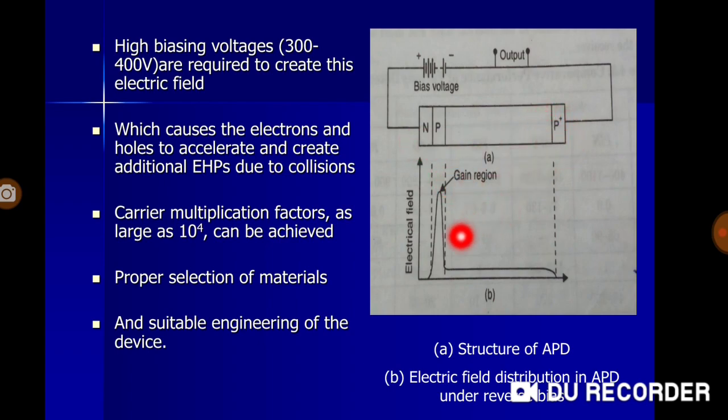So this particular junction immediately forms the internal gain region, because under reverse bias the accelerated particles with high kinetic energy collide with other atoms and displace more electrons, and that is how avalanche multiplication takes place.